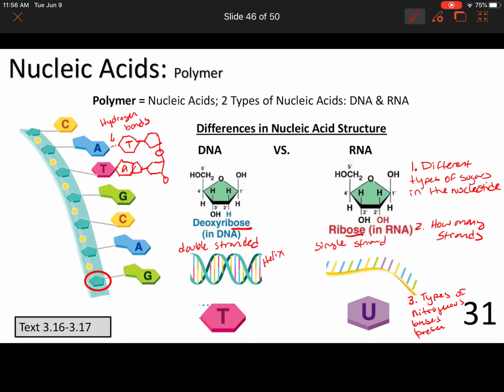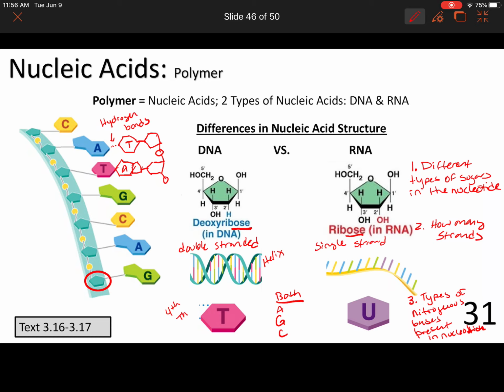The third difference is the types of nitrogenous bases present in the nucleotide. They both have adenine, guanine, and cytosine.